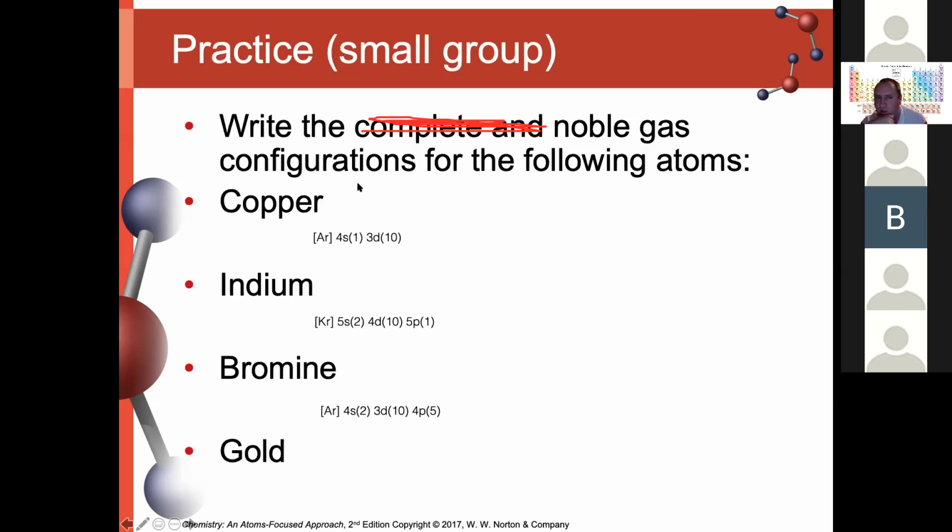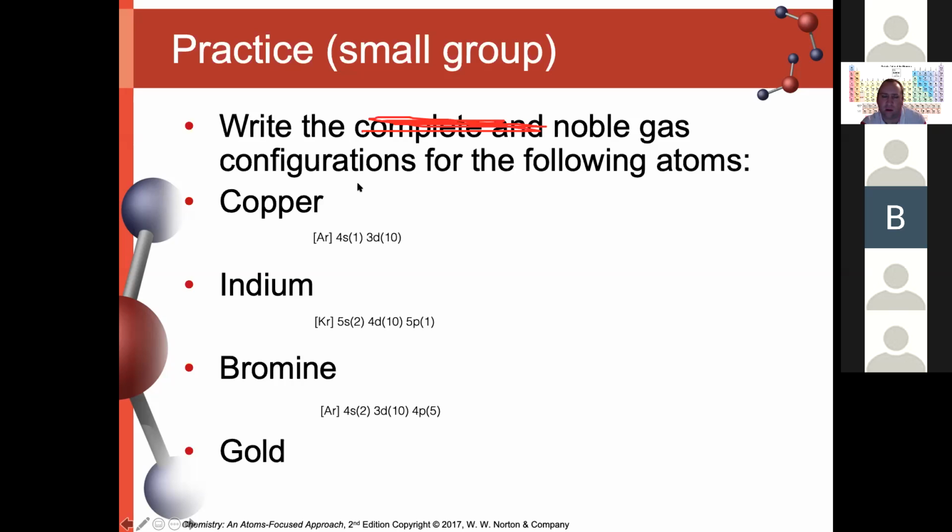Okay. But 13 through 18 is the P block. And yeah, indium is in P. Yes, 13 through 18 is P, and indium is the first in the P block, right, with 49 electrons.